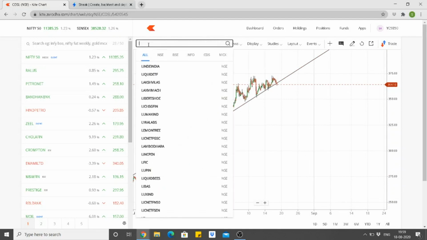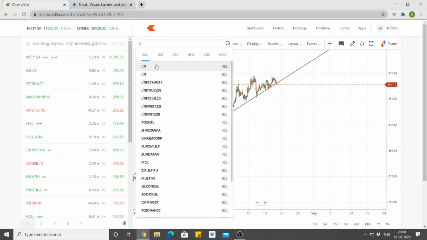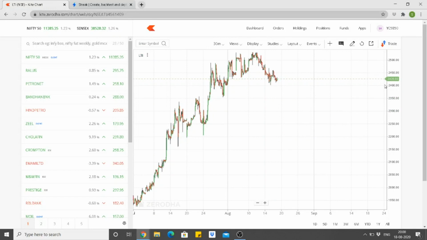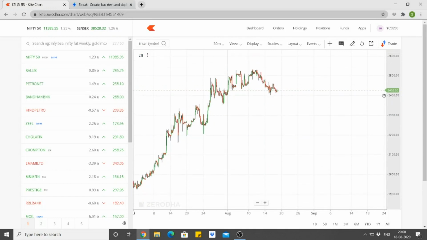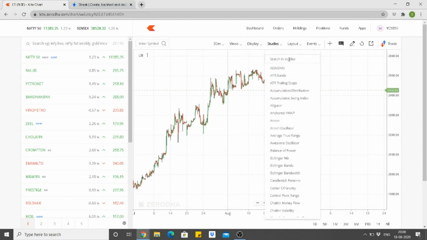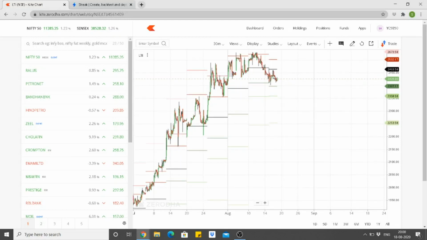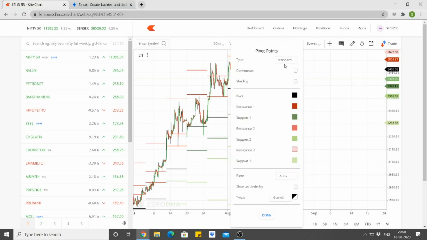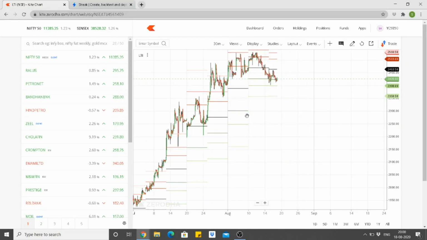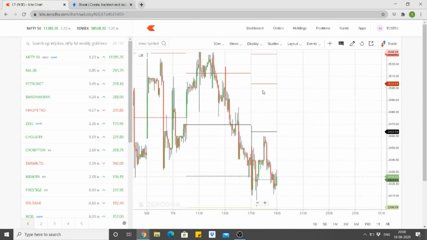Let's quickly plot LTI onto our Kite charts. We will also be going ahead and inputting the pivot points with the Fibonacci setting. Okay, there we go.